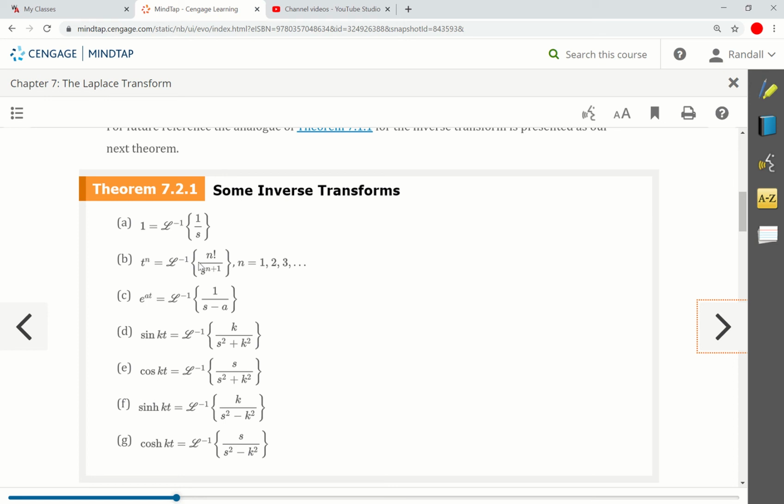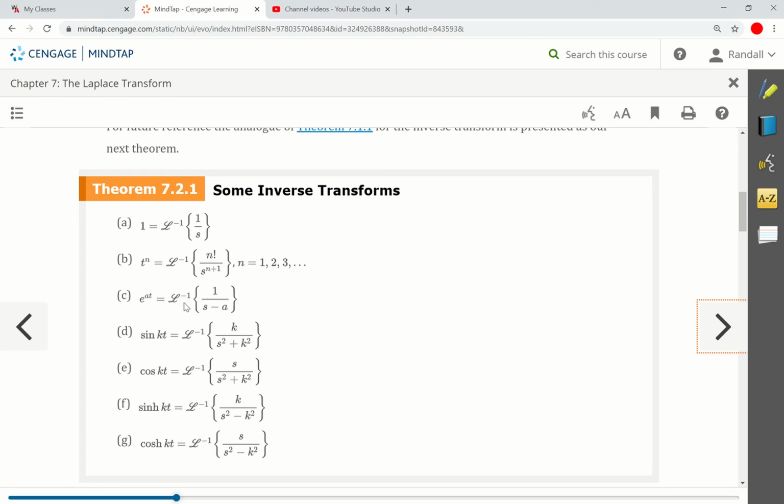In this function, the denominator is s to some power, and the numerator is a constant, where that constant is the factorial of 1 less than whatever you have in the exponent. For example, if this is s to the 4th, then you'd want to see 3 factorial up top. If this is s to the 8th, then you would want 7 factorial up top, in which case its inverse Laplace transform would be t to the n, where n matches the number in the factorial in the numerator.